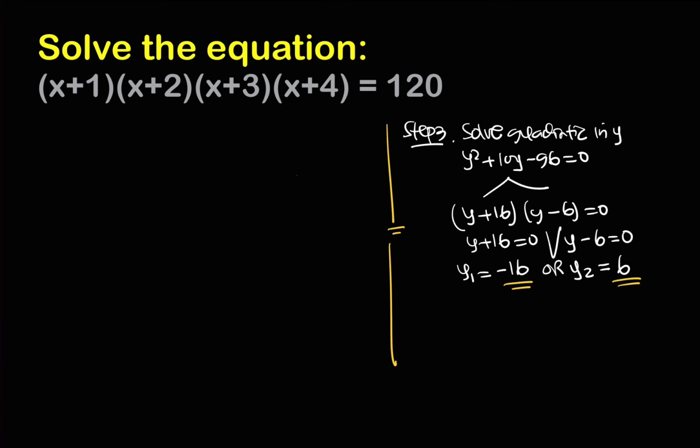So we have in step 4, y1 equals negative 16 and then y2 is 6.